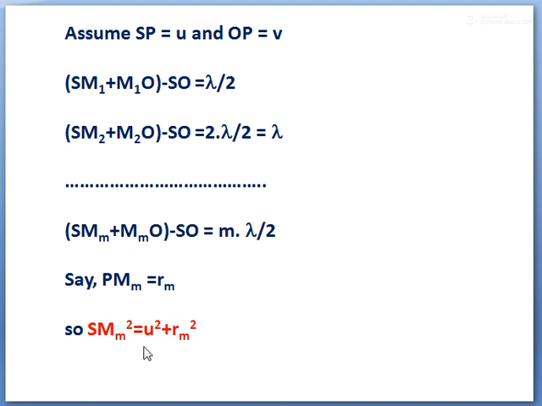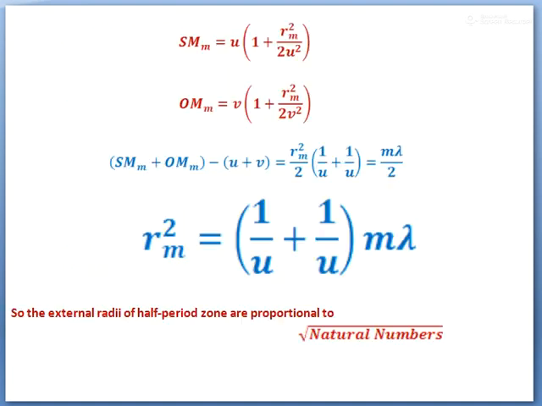So SMn will be U into 1 plus Rn square by U square, to the power half. Rn divided by U, its whole square, is much less than 1. If you expand this term in the binomial theorem, you get SMn equal to U into 1 plus Rn square by 2U square. The higher terms of Rn by U, to the power 4, to the power 6, we neglect.